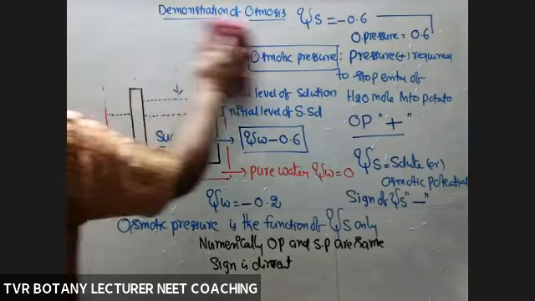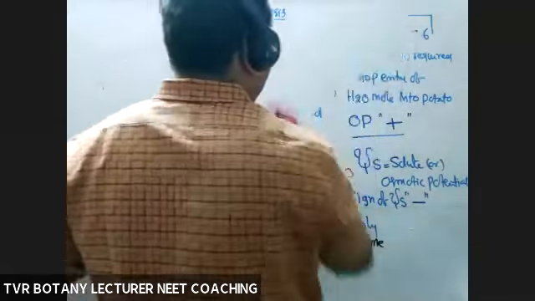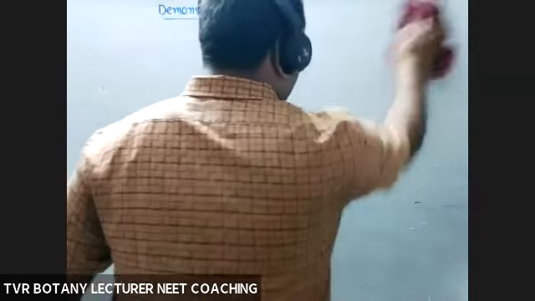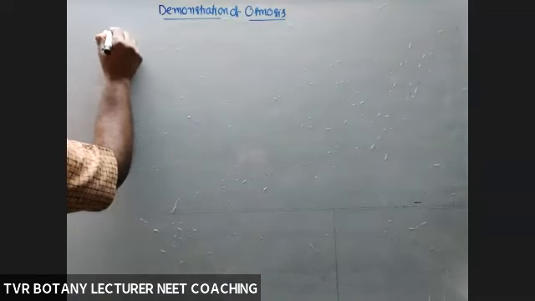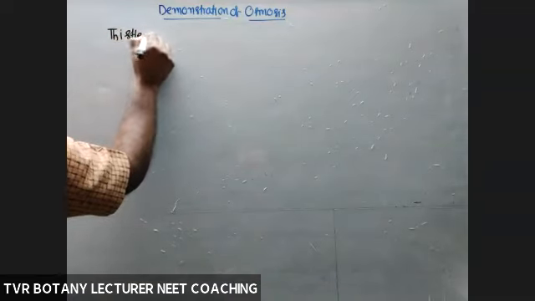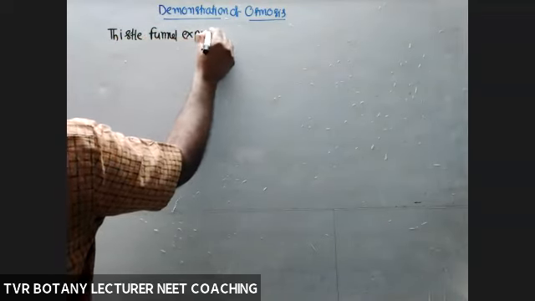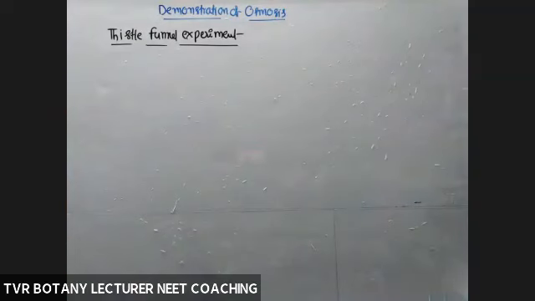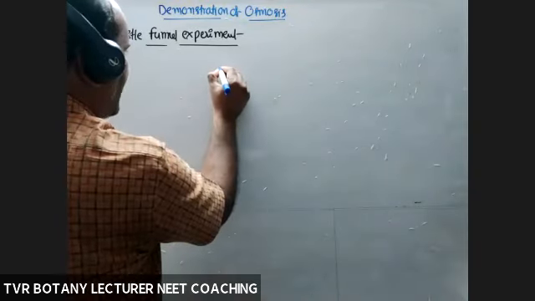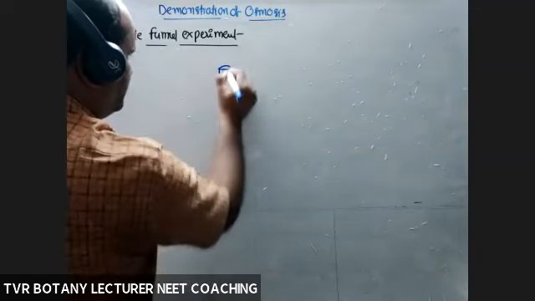Next one, the Thistle funnel experiment. Okay, so this is a Thistle funnel, and a graduated scale is present. Graduated means a scale.